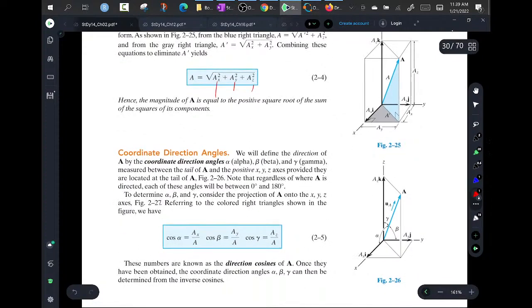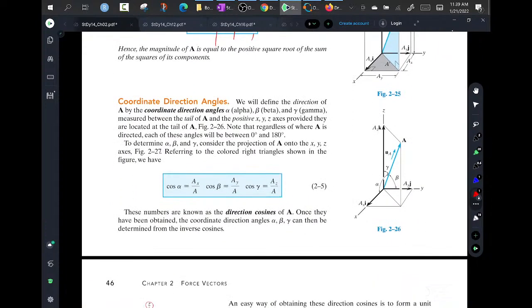Coordinate direction. Here's something new. This is a little bit bizarre, a little bit weird. It's hard to describe this, but think of it like this. This is a triangle. Ignore all the rest, and let's just focus on this.